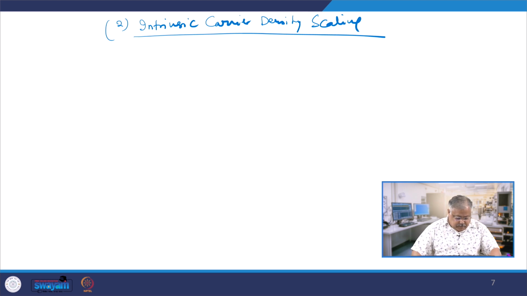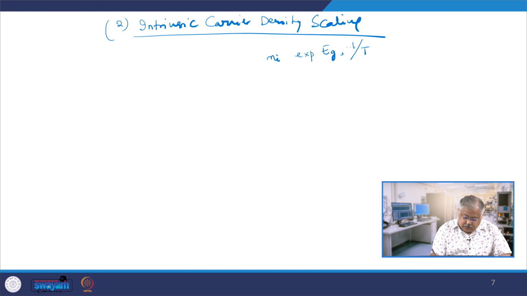However, if you go to deep cryogenic temperature, the intrinsic carrier concentration Ni has an exponential dependence on Eg and 1 by T, minus 1 by T, actually plus 1 by T. Therefore, as the Eg widens, Ni scaling strongly decreases.